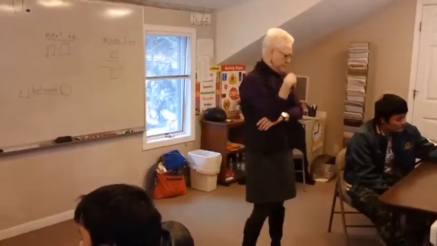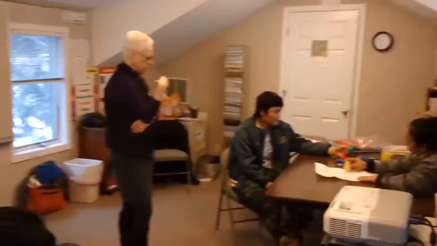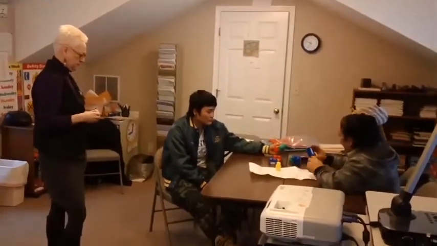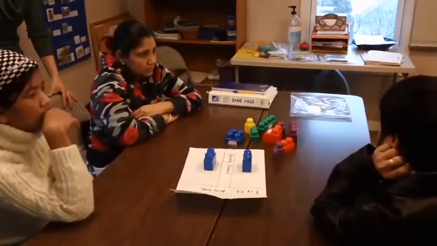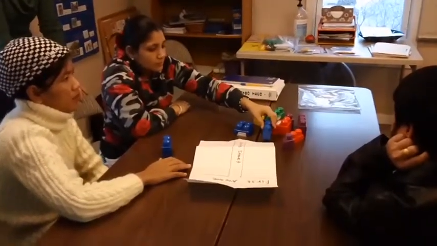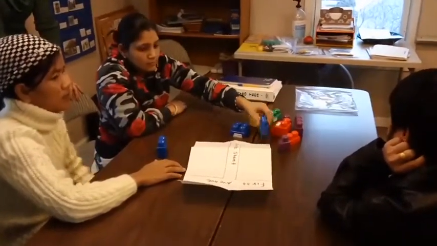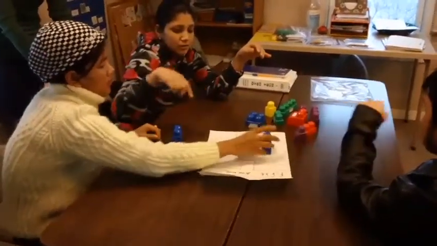Show me across from. Two buildings, show me across from. Yeah, you got it, across from. Good, across from. Okay, take them off. Okay. Show me two buildings on Maple Street. Two buildings on Maple Street.